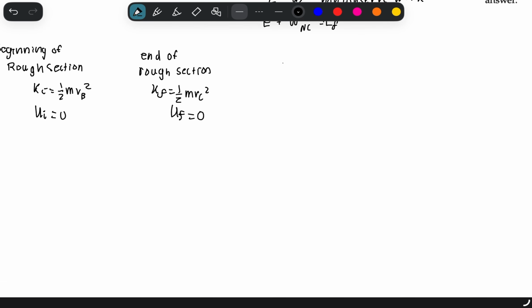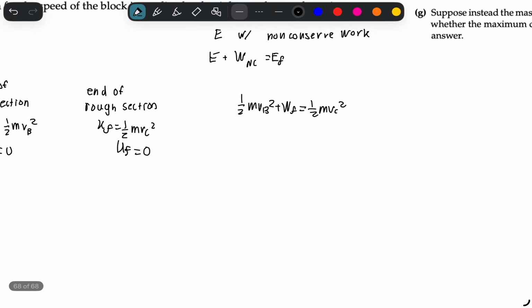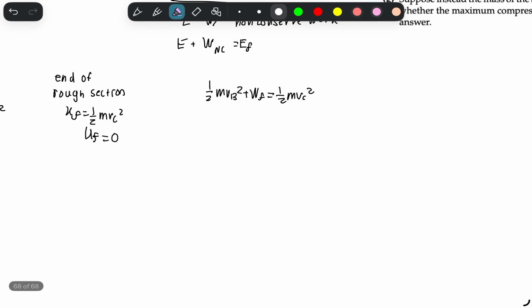So we have 1/2 m vb squared plus Wf is equal to 1/2 m vc squared. We have vb squared here, and we also found this earlier: vb squared was equal to 2gh, where we got the speed.